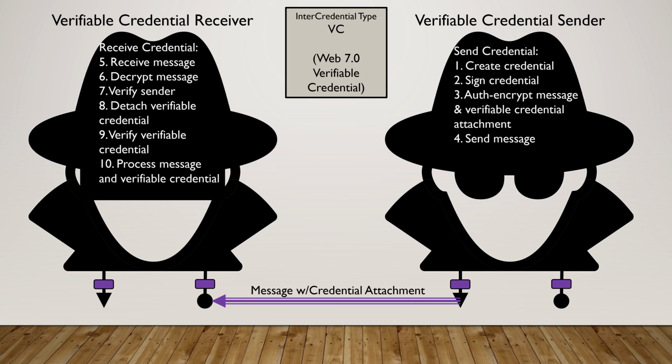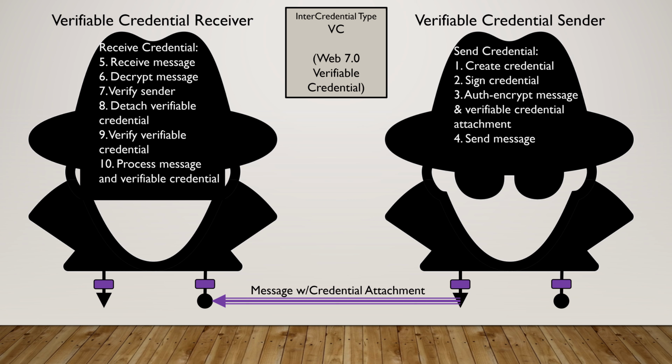On the left-hand side, where we receive the credential, we receive the message, we decrypt it, we verify the sender, we detach the verifiable credential, we verify the verifiable credential, and we process the message and verifiable credential again through a workflow or business process, middle tier logic appropriate to the message contents of the verifiable credential.